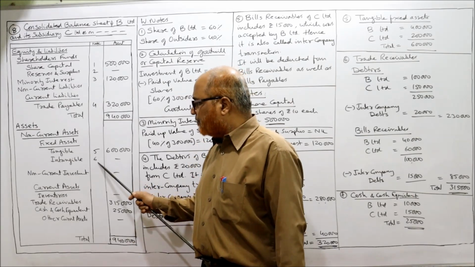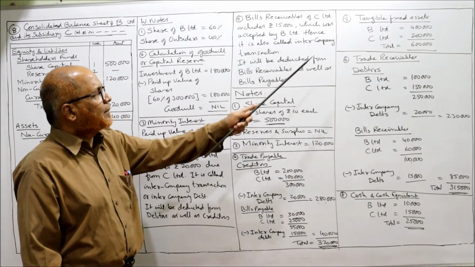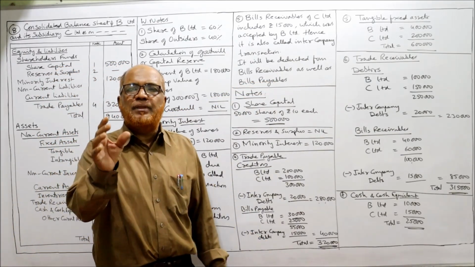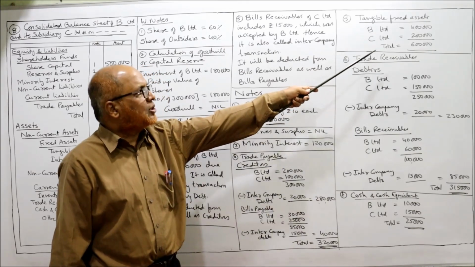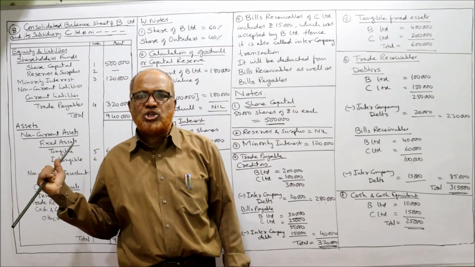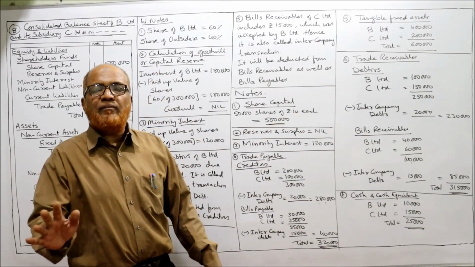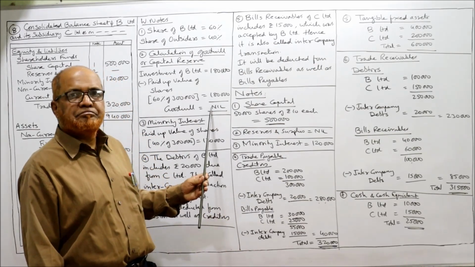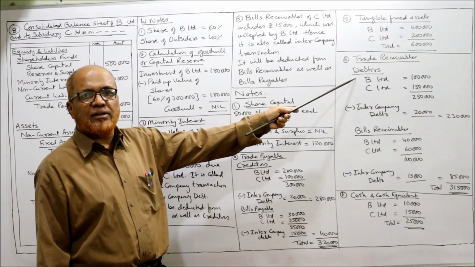Now asset side, fifth and sixth. Fifth, tangible fixed assets. Simply add up the fixed assets of B Limited as well as C Limited. Take the total, 6 lakh rupees. Now sixth point, trade receivable. We don't have any intangible asset. Goodwill we don't have. Trade receivables are debtors.